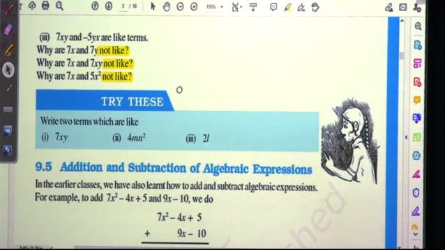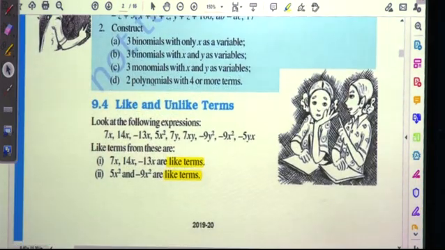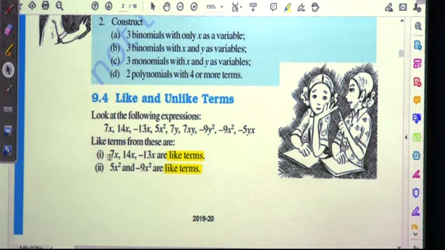The reason is very simple. Let us see the first two statements of like terms here. In 7x, 14x, minus 13x, what is the exponent of the variable x? It is 1.